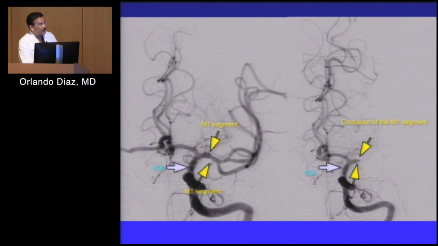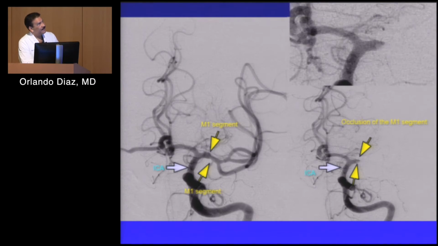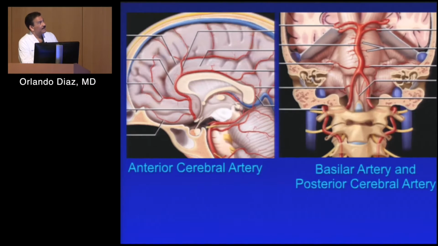So this is occlusion of the M1 segment. This is the magnification. This filling defect, this little thing here, is the clot. It's a large clot.